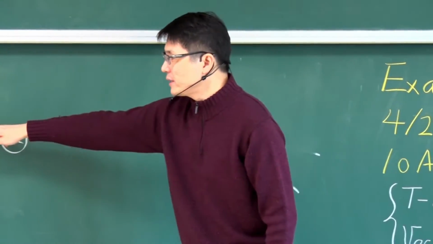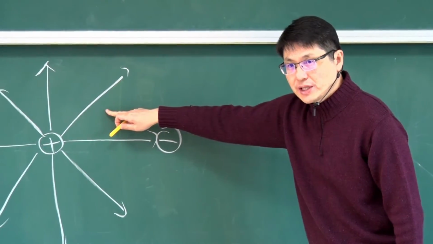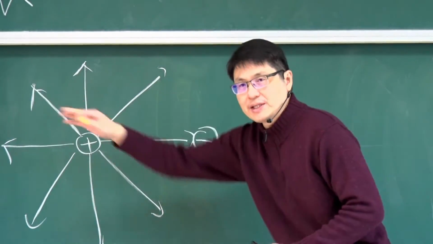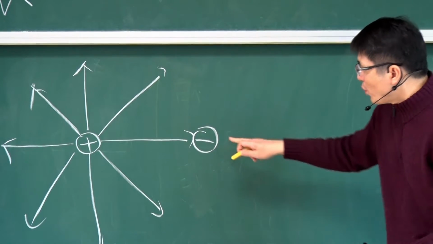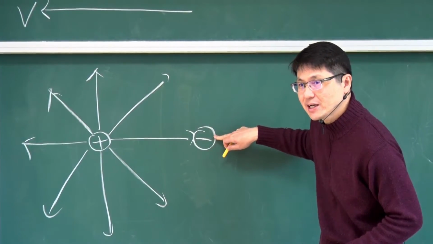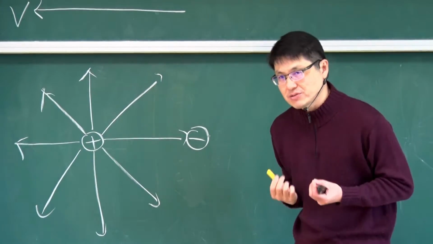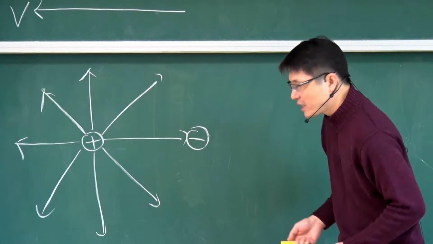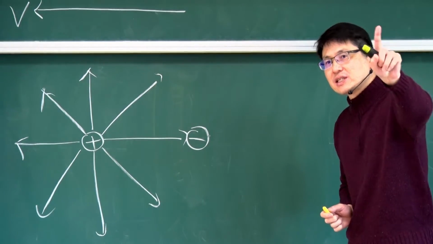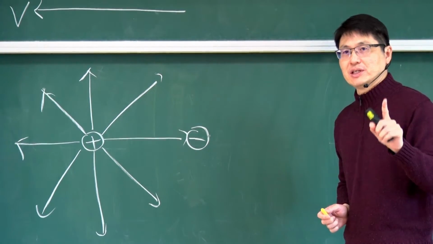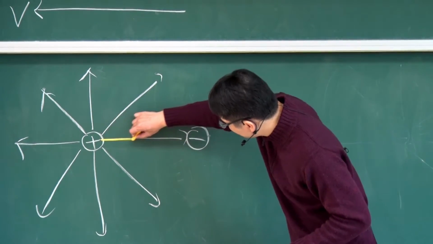The white means originally, for each single charge, you have a radial pattern. But when you have the second charge with a negative sign but equal charge amount, you form an electric dipole. In this case, there's only one single E field line that remains unaltered. That is this line.